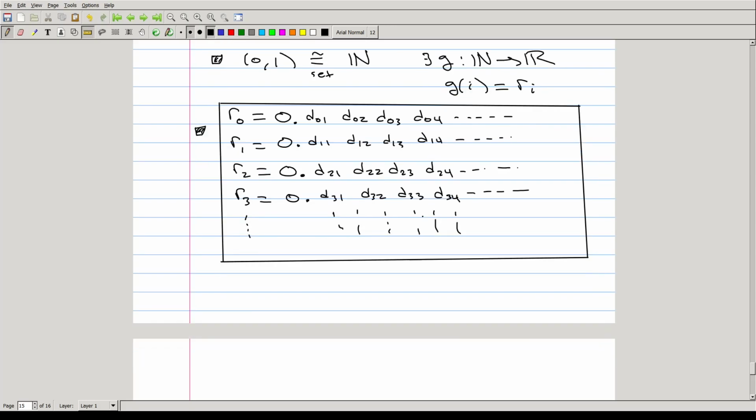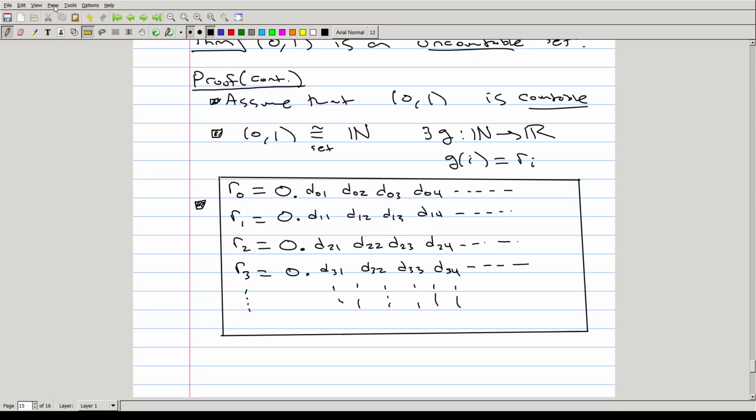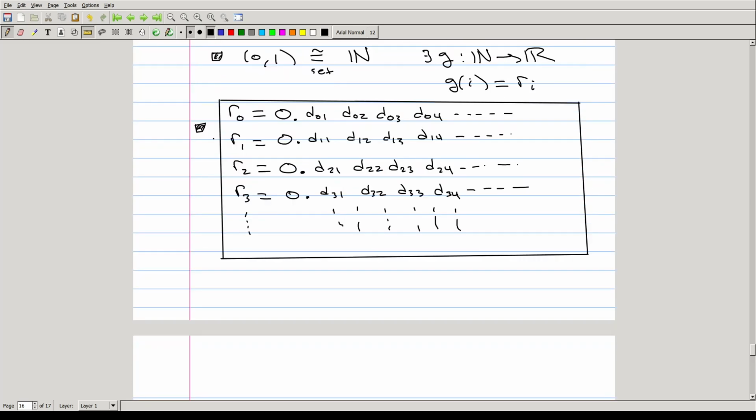And sure enough, the way that we do this in the proof is to use what's called Cantor's diagonalization argument, which is a very, very interesting argument.